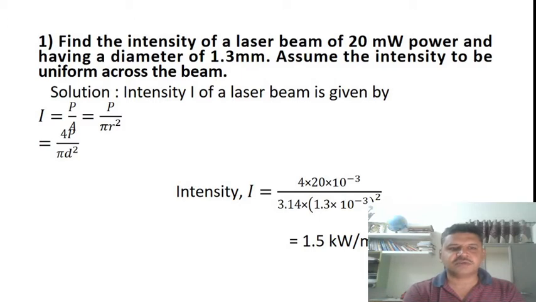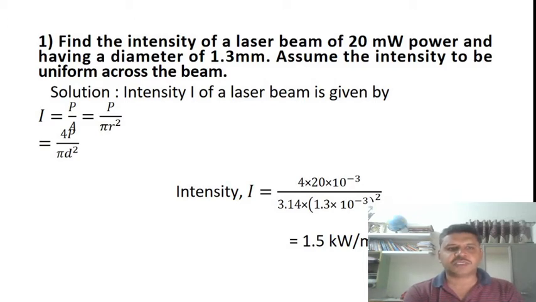I is equal to P by A. A means area of cross section, that is pi r squared. R means radius. We will write it through the diameter because they have given the diameter, not directly the radius. So using the diameter we can calculate the radius. That means I equals 4P by pi d squared.